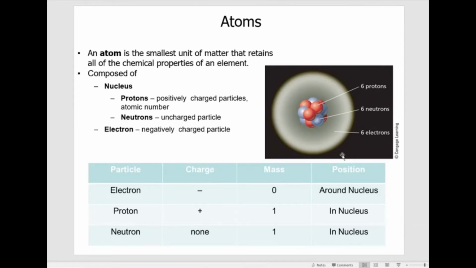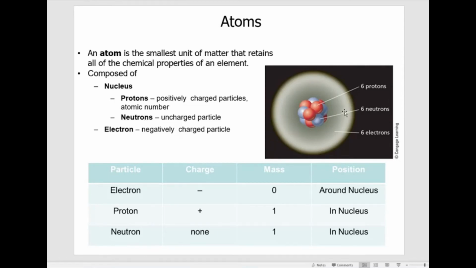When you look at this picture, you can see three components in an atom. The core, look here, is called the nucleus. There are two components in the nucleus, the protons and the neutrons. Surrounding the nucleus you see this white cloud.